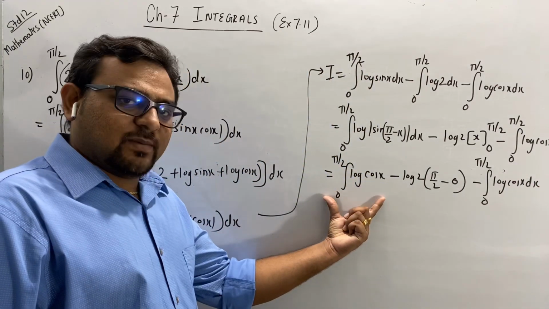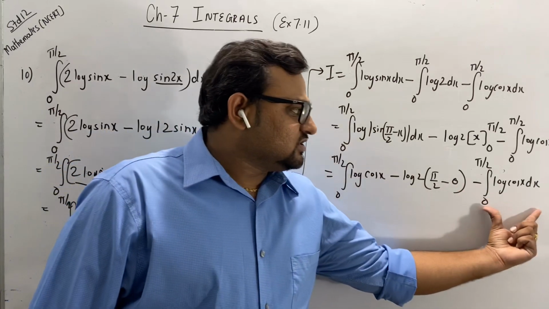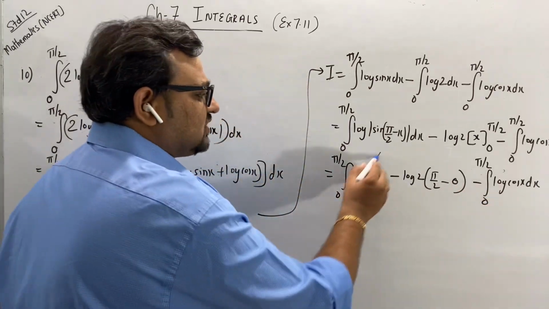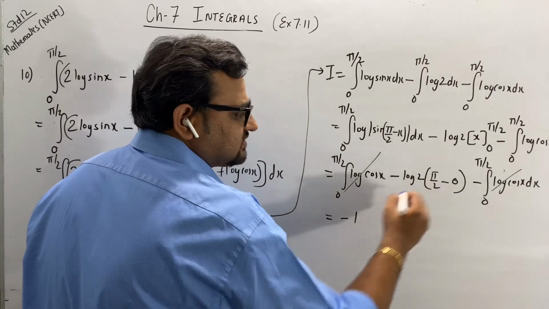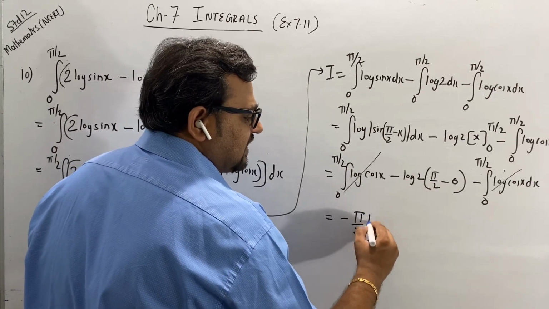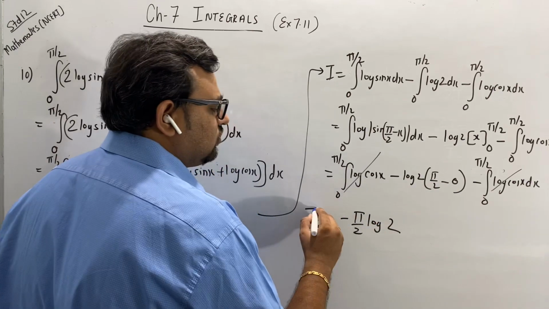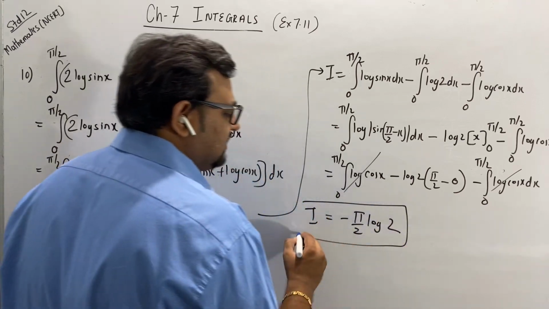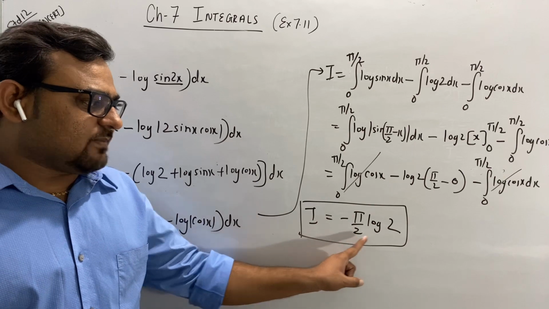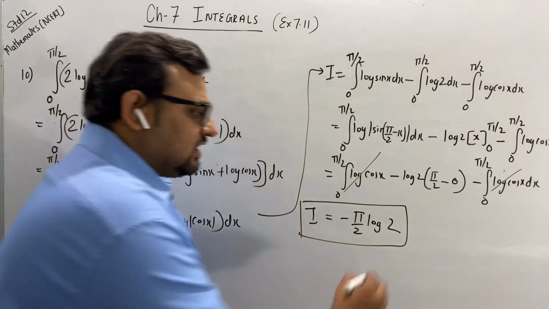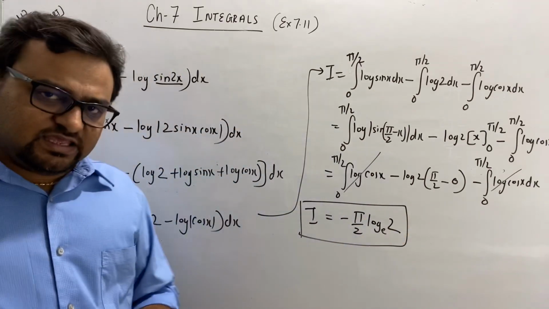See, the integral of log cos x from 0 to pi by 2 and the integral of log cos x from 0 to pi by 2, so this will get cancelled. So the answer will be minus pi by 2 log 2. Your integral I will be equal to minus pi by 2 log 2. Remember, the base here will be e.